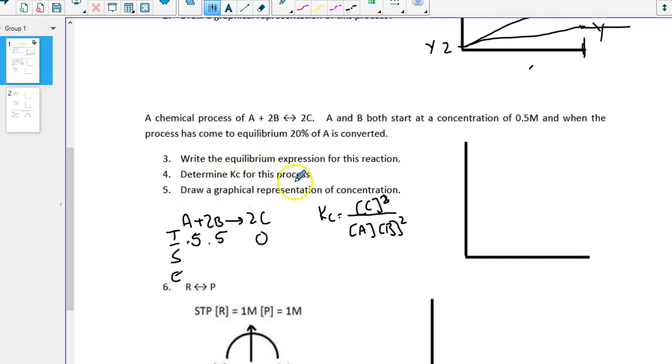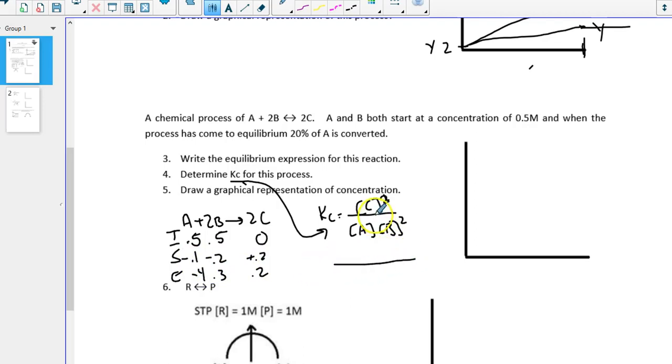Let's take a moment to fill the ICE table out. Anytime you need a Kc value, you need to populate and fill out the expression. Saying that the A goes 20%, it's minus 0.1, minus 0.2, plus 0.2, so that's going to be 0.4, 0.3, and 0.2. Let's just plug it in.